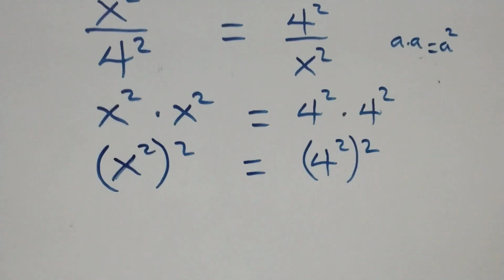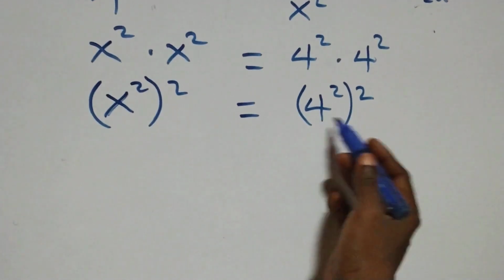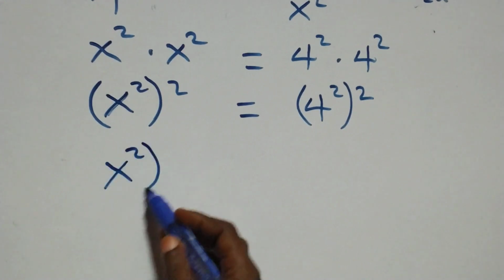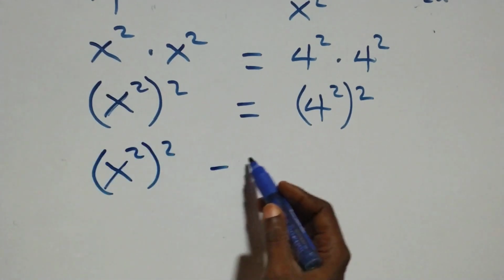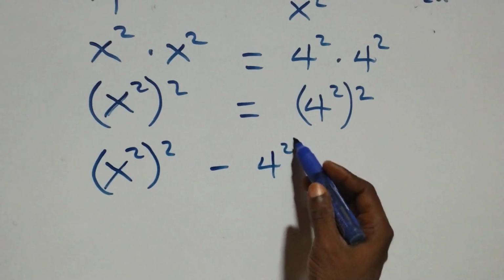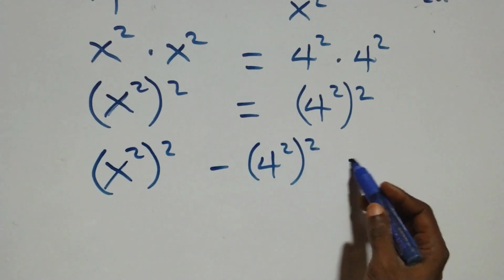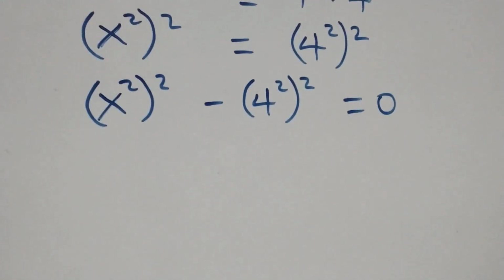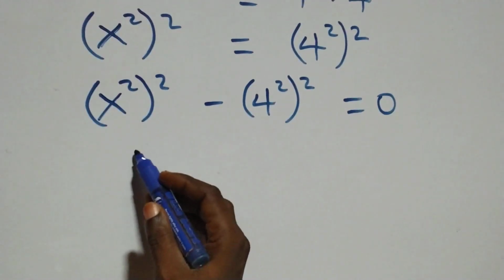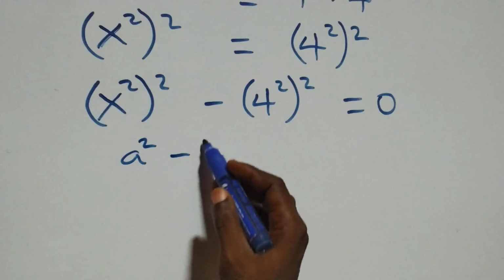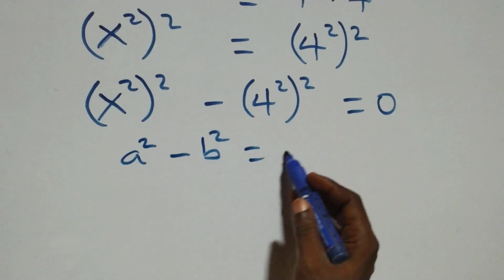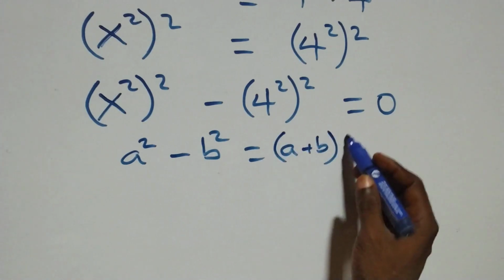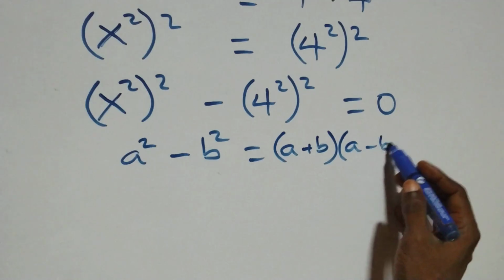That is, here we take 4 squared to the left hand side, and this becomes x squared all squared minus 4 squared all squared, then equals to 0 from here. Then here, this follows difference of two squares. When we have a squared minus b squared, which is same thing as a plus b into bracket, then open bracket a minus b.